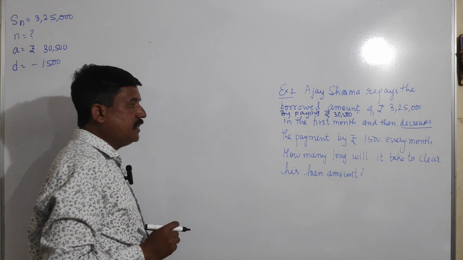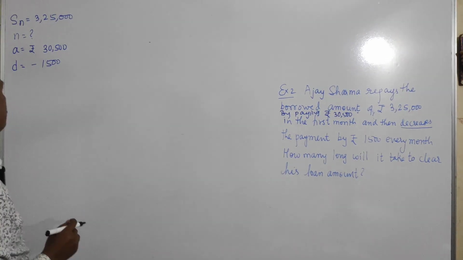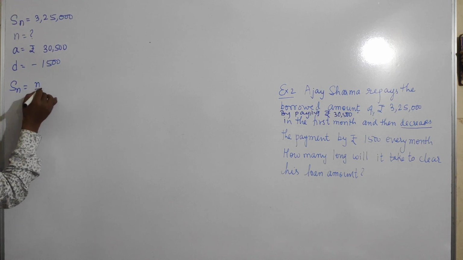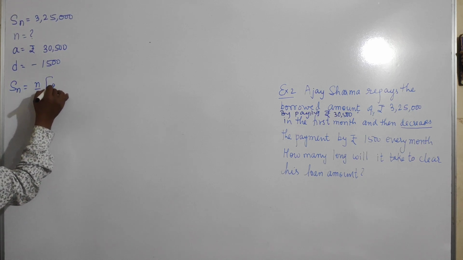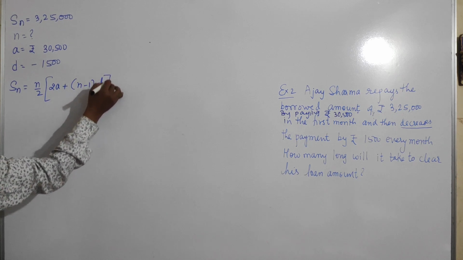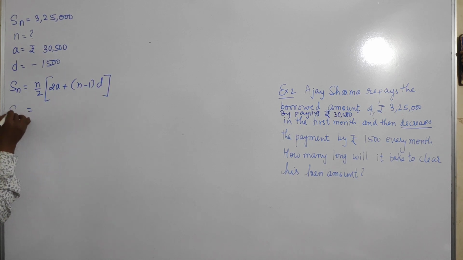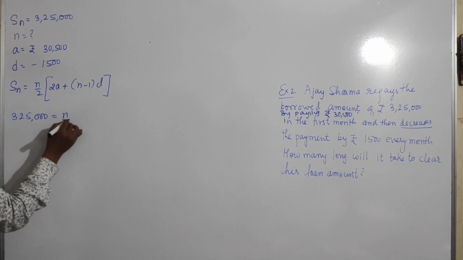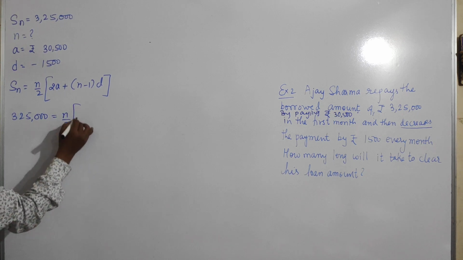How long will it take to clear this loan amount? So what is the formula for Sn? N upon 2, (2A plus (N minus 1) D). What is the value of Sn? 3,25,000. N upon 2.